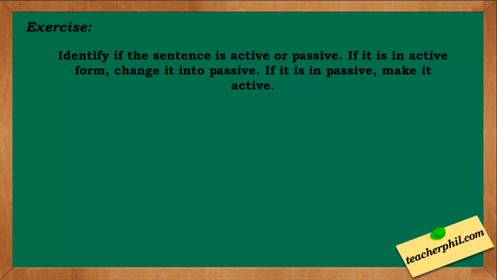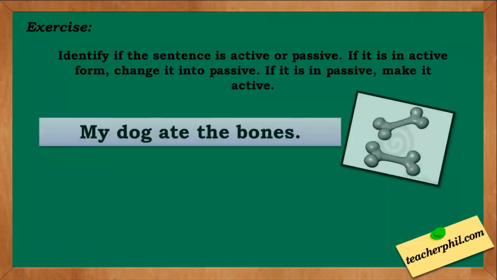For our exercise, identify if the sentence is active or passive. If it is in active form, change it into passive. If it is in passive, make it active. The first one: My dog ate the bones. This sentence is in what voice?